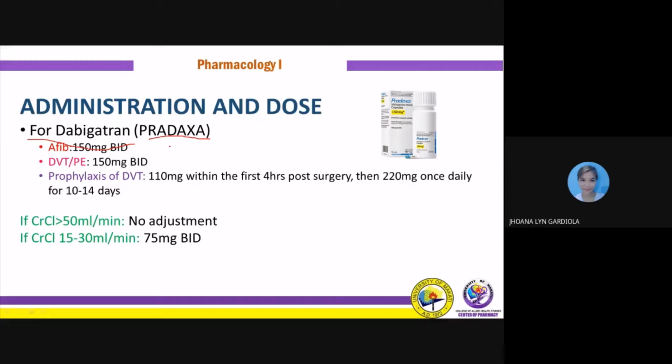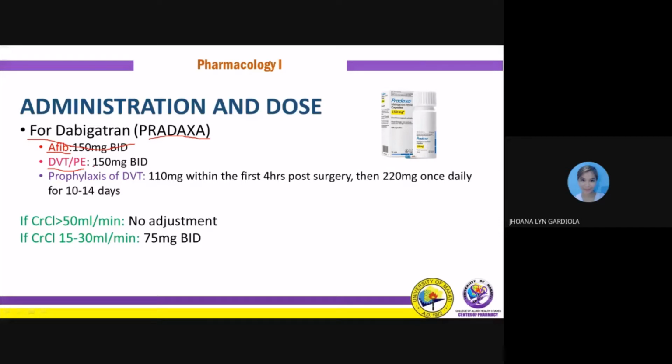So for dabigatran, if a patient has AFib, we give them a 150 milligram capsule twice a day. If they have a deep vein thrombosis or pulmonary embolism, same thing. We give them 150 milligram capsules twice a day.